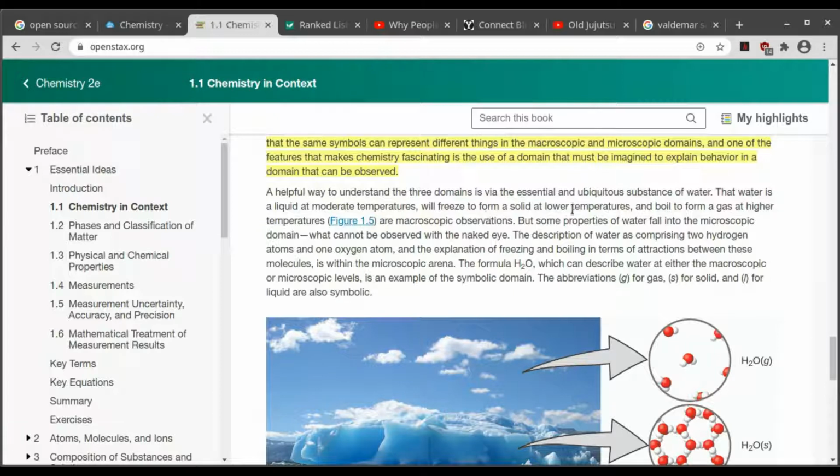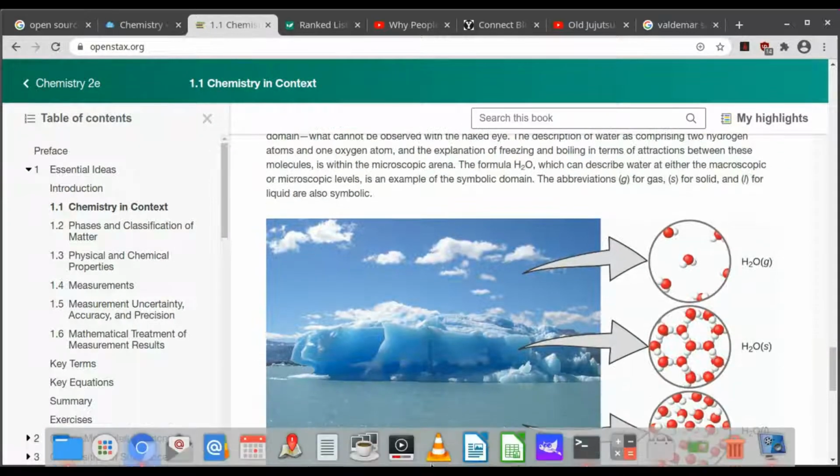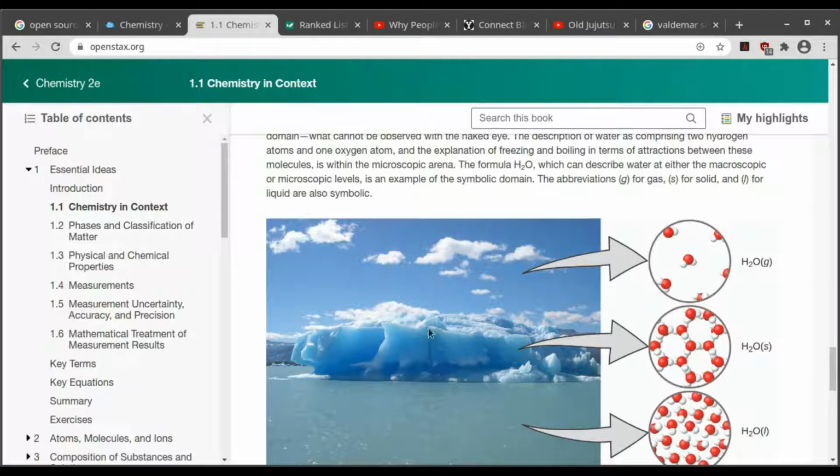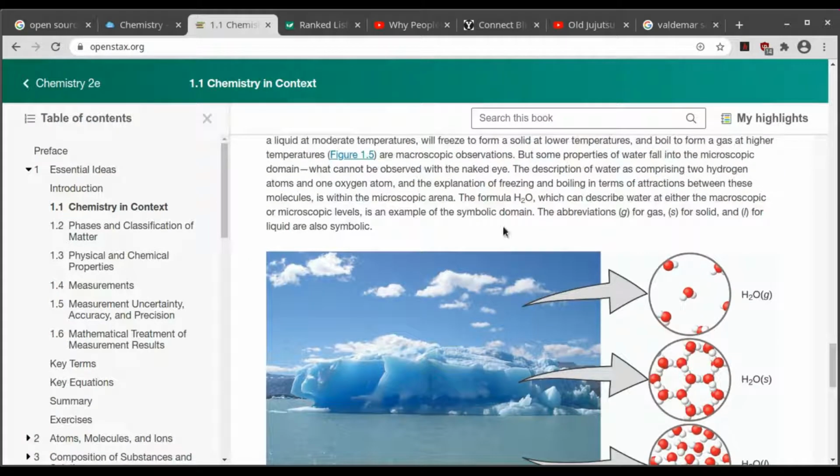Okay, but the properties of water fall into the microscopic domain, what cannot be observed with the naked eye. The description of water as comprising two hydrogen atoms and one oxygen atom, and the explanation of freezing and boiling in terms of attractions between these molecules is within the microscopic domain.